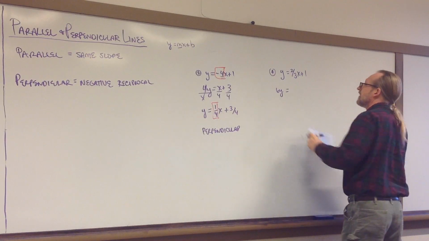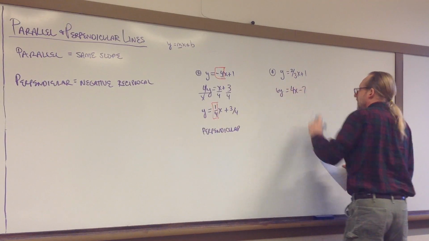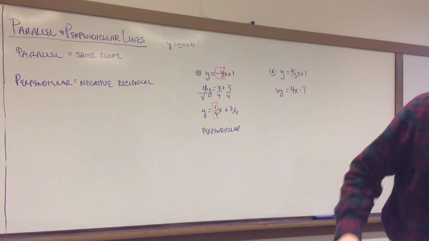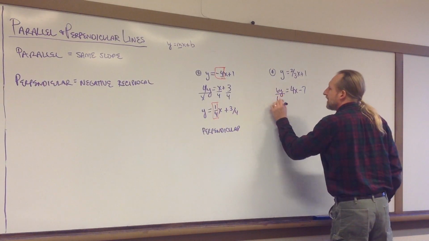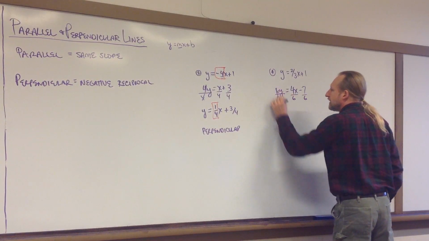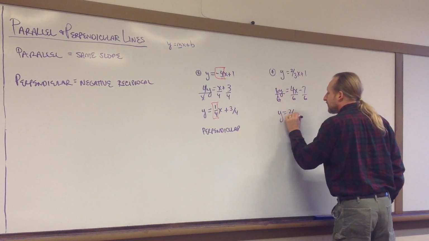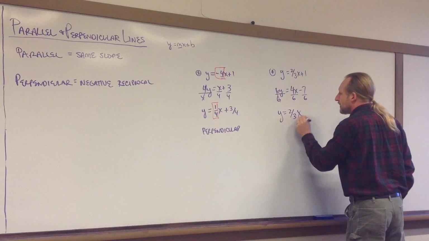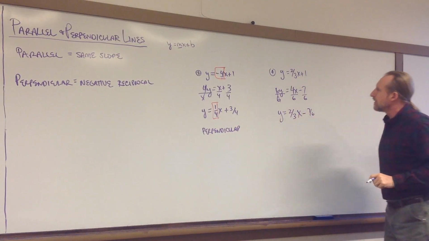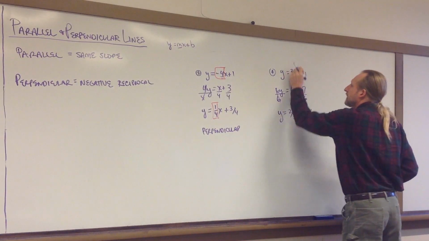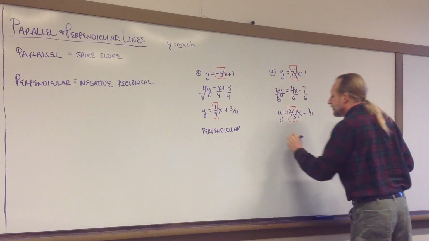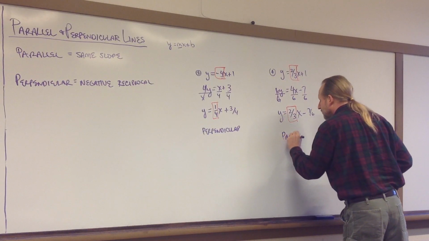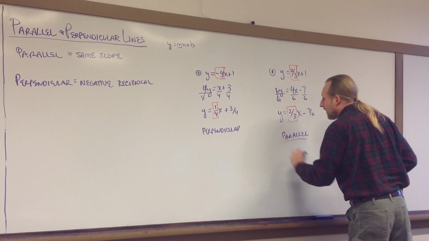All right, well, let's divide everything through by 6 so that we get this into slope-intercept form. Now, I'm reducing this fraction as I'm doing this problem, and so here it is. You've got this slope is 2/3, this slope is also 2/3, and so these two lines are parallel to each other.